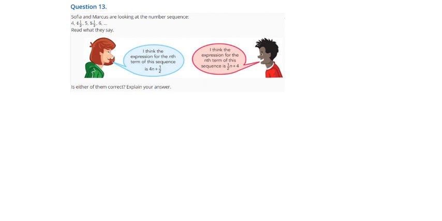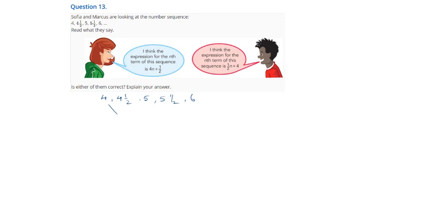Now we have to find out whether they are correct or not, and explain the answer. Now let us rewrite the given sequence. It is 4, 4 1 by 2, 5, 5 1 by 2, 6.